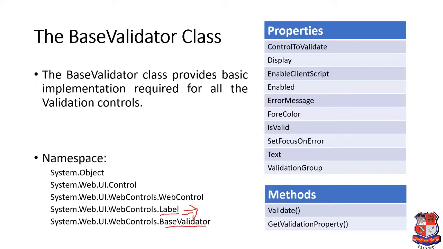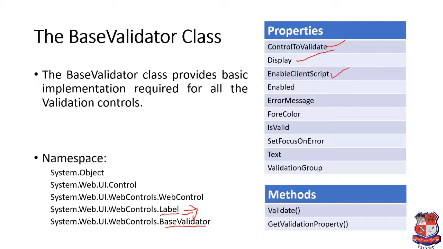So in each and every validation control, a label control will be there. Now we'll discuss the properties available for the base validator class. First is ControlToValidate. It is used to handle an input control such as a text box which needs to be validated. Next is Display. It is used to handle the behavior of the error message in a validation control.